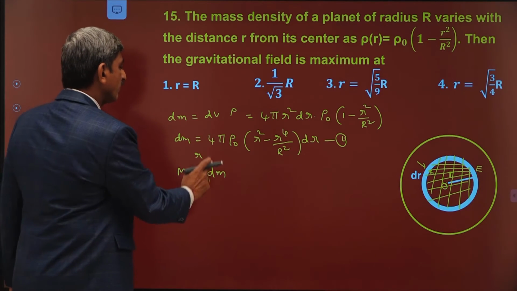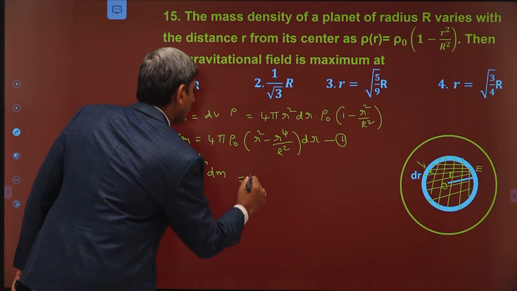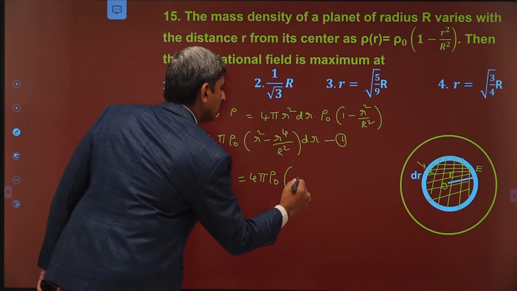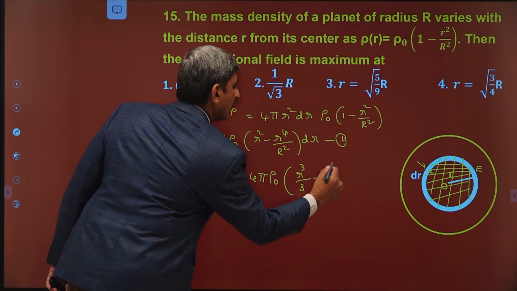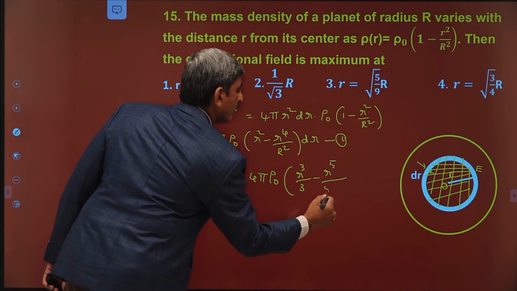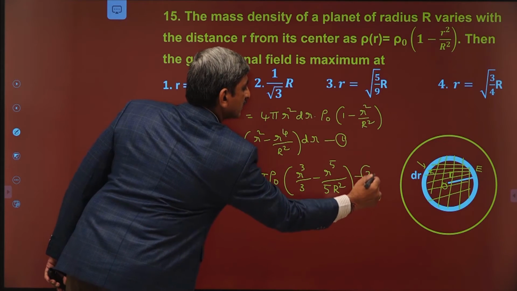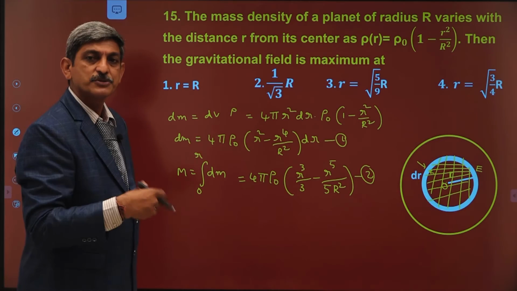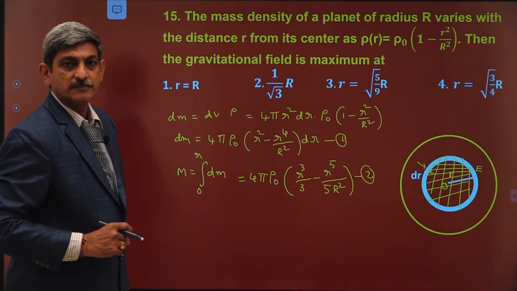By substituting this dm value and after calculation, we have 4 pi rho naught times r cube by 3 minus r to the power of 5 divided by 5R square. This is the value we get after integration and substituting the limits. So this is the mass of the spherical region.